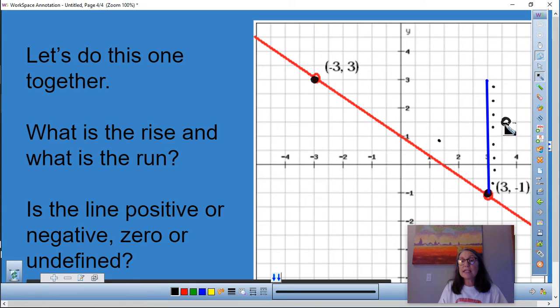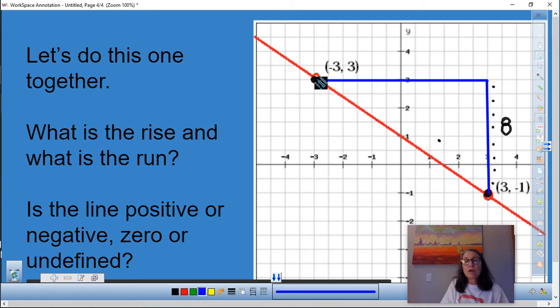We rose 8 units. Now we're going to run over to this line. I'm going to run all the way over here. Let's see how far we ran. 1, 2, 3, 4, 5, 6, 7, 8, 9, 10, 11, 12. So we ran 12 units.